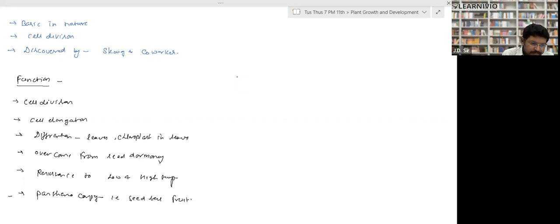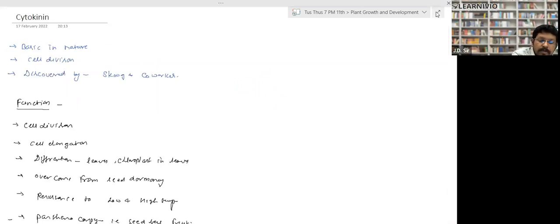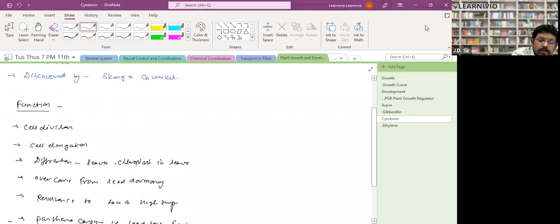Next, it is also responsible for parthenocarpy, that is seedless fruit formation.